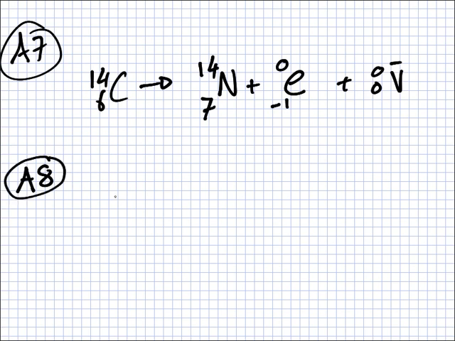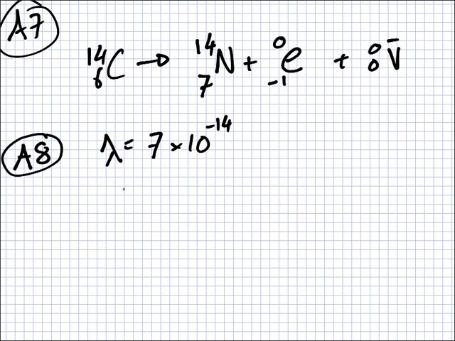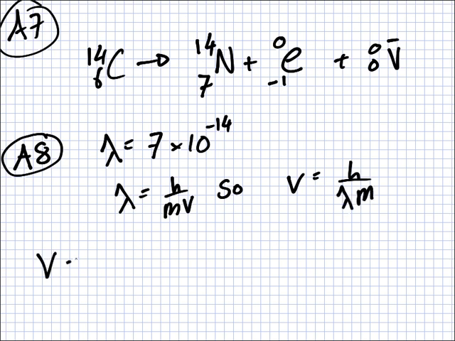Okay, so you have the wavelength is 7 times 10 to the minus 14, and we want the speed of the protons. So de Broglie said lambda equals h over mv. So v equals h over lambda m. So v equals whatever Planck's constant is.